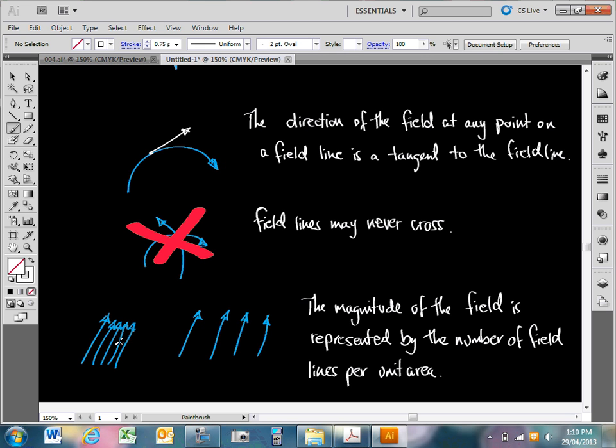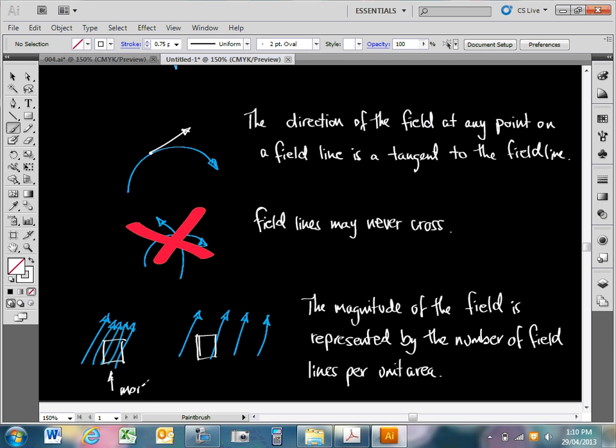When I say unit area, I might choose an area, and I think I've said this before. If I use the same area over here, or a similar area over here, there's more field lines in here, isn't there?